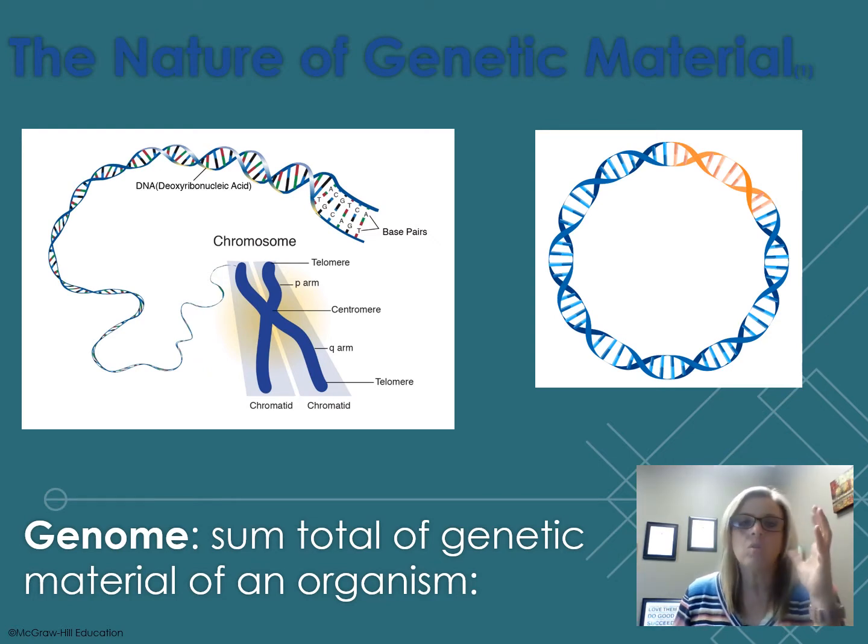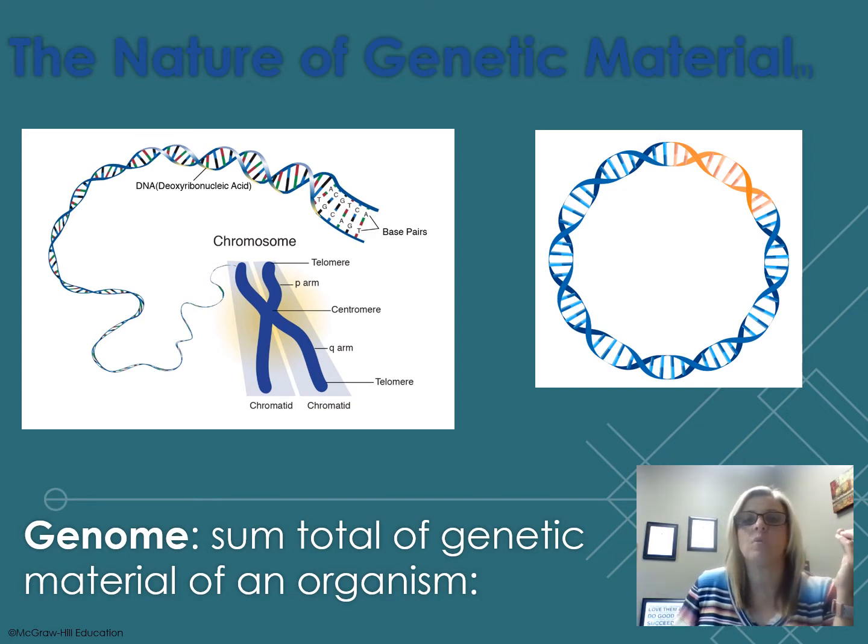The genome is the sum of all of the genetic material that an organism has. Most of the genome is going to exist in the form of the chromosome. When we think of chromosome, this is what we traditionally think of, where it's coiled up. Some can appear as plasmid or sometimes in certain organelles like mitochondria.